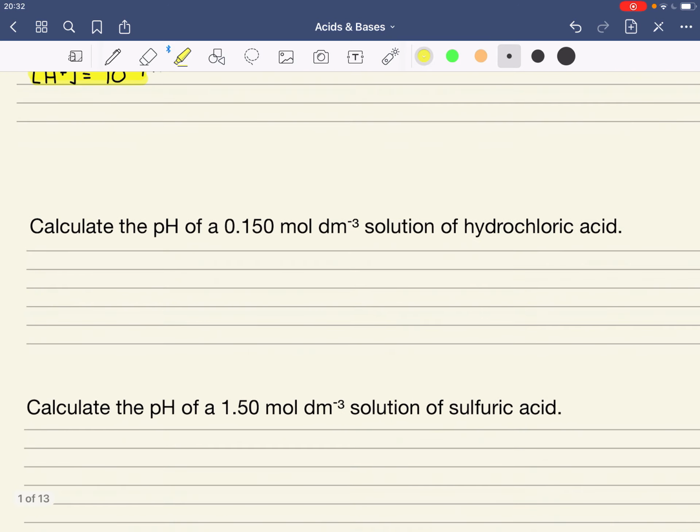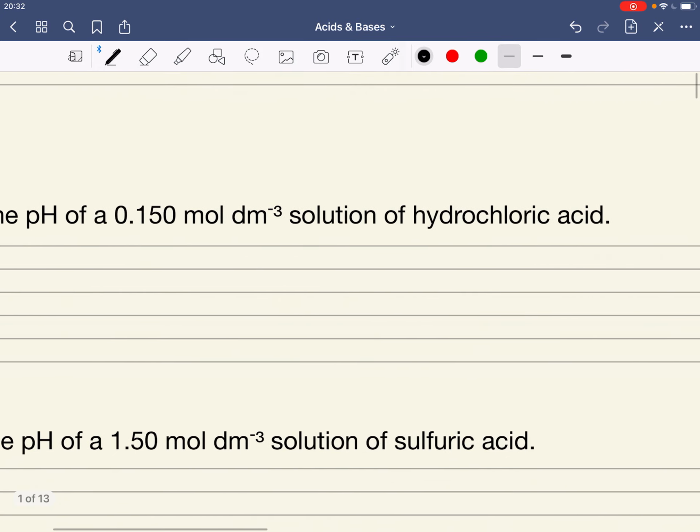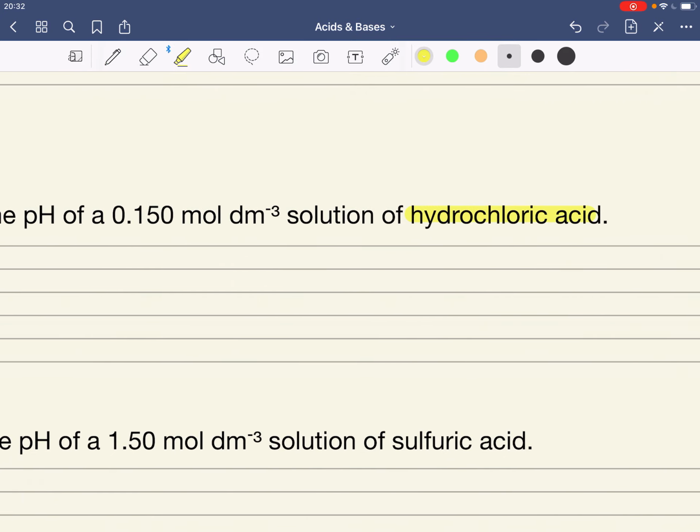Firstly, I've been asked to calculate the pH of a 0.150 mole per decimetre solution of hydrochloric acid. Now, first thing to appreciate is you have to know that hydrochloric acid is a strong acid.